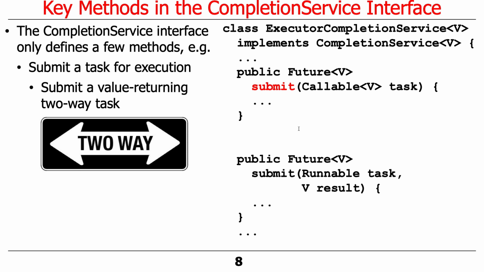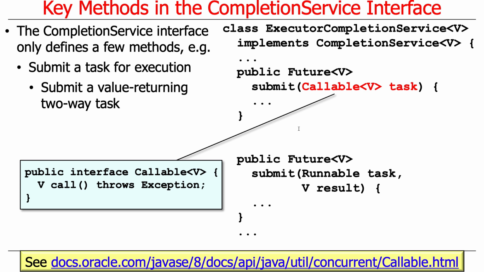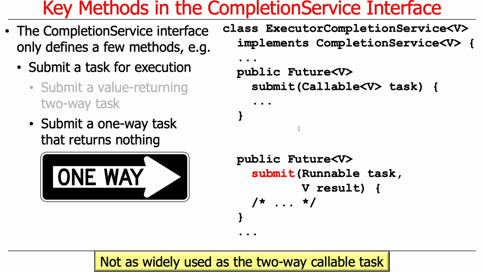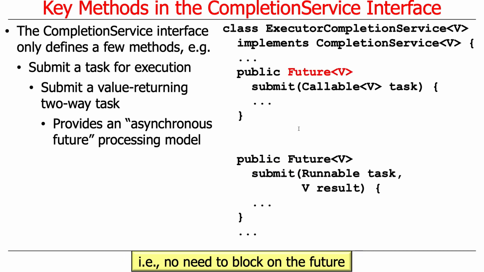There is a submit method that submits a task, which, as you probably recall, is a two-way computation, which implements the callable interface and provides an asynchronous future processing model. So it'll be handled through other means than the return value. In other words, there's no need to block on the future that comes back here.